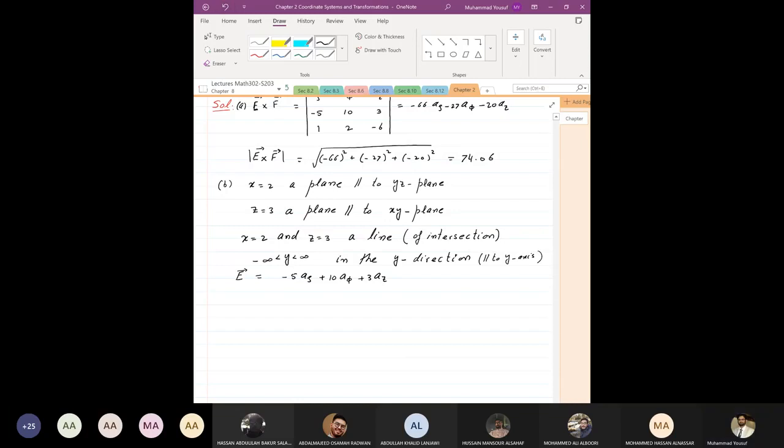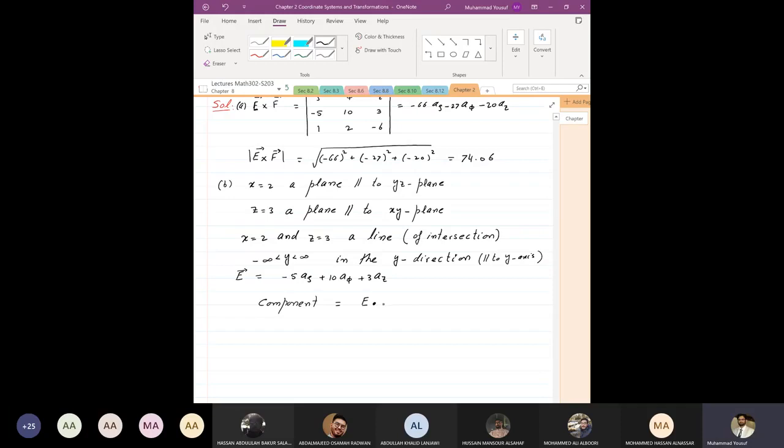Okay. So this component is equal to vector E dot a unit vector in the direction on which you are taking the projection, and we are taking the projection onto the y-axis or parallel to the y-axis.